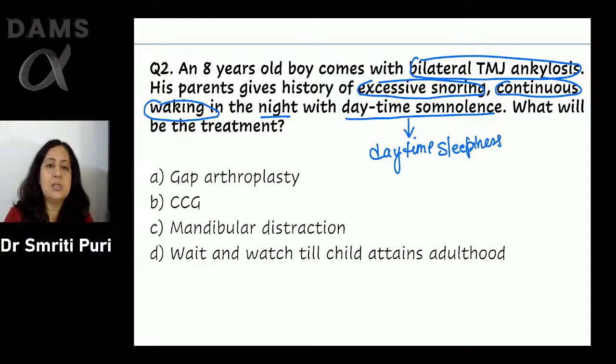All right, or falling asleep during the day while doing routine activities, falling asleep while attending school, while watching TV, while eating food. All right, so that is called daytime somnolence.